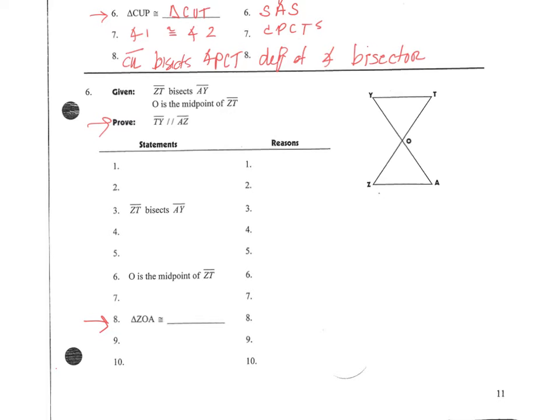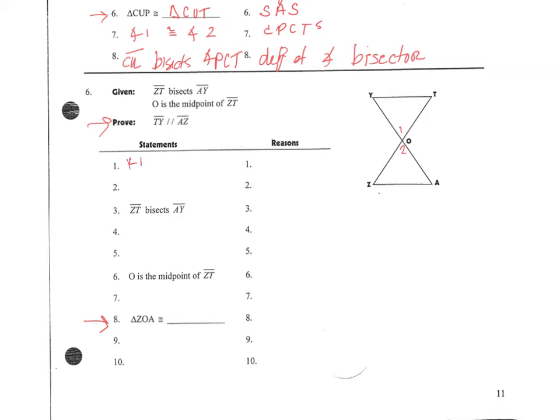Okay, so if we just look at this figure, what we should immediately see is that we have vertical angles. You can either name them, or we can just number them, which might be a little bit easier. And so the first thing that we want to say is that we have vertical angles.